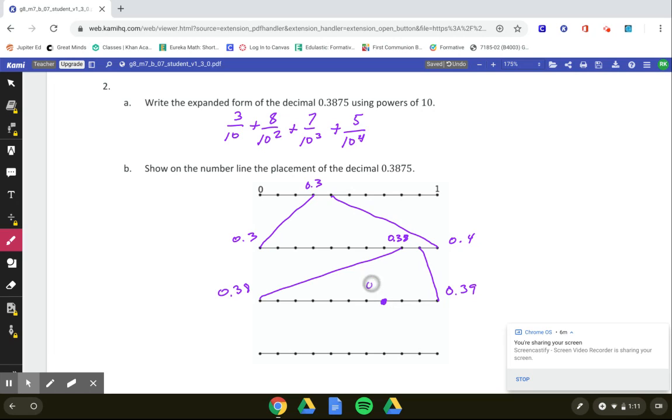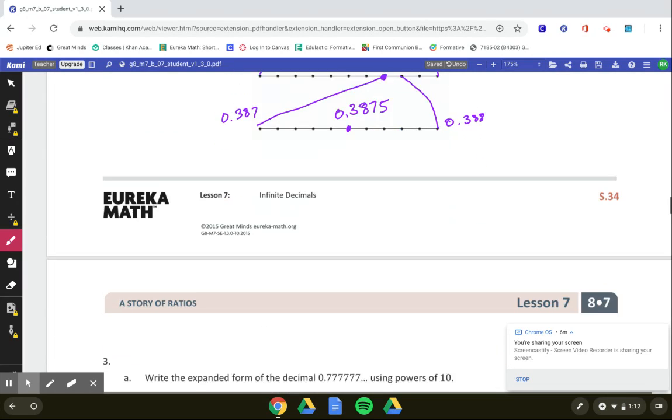And this becomes 0.387, which becomes our lower boundary, and 0.388 becomes our upper boundary. Then we're just finding the last digit, which is a 5. So 1, 2, 3, 4, 5. And this becomes 0.3875. We're just finding these based on their place value.